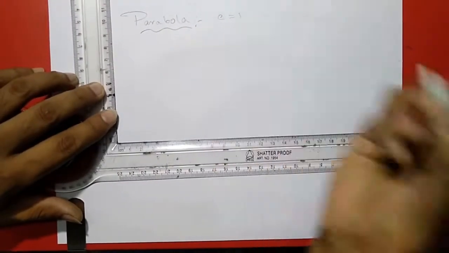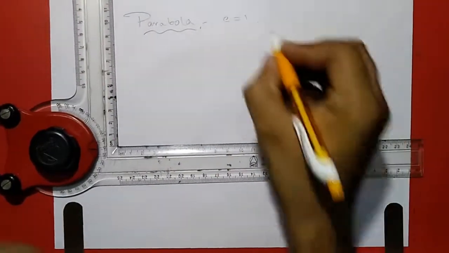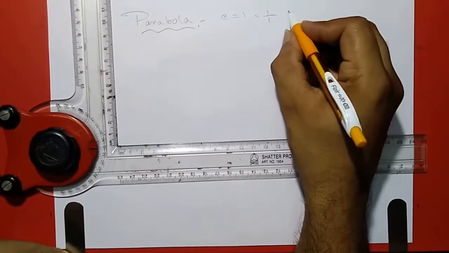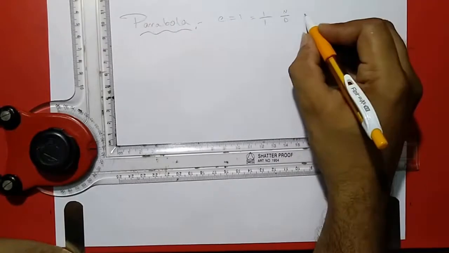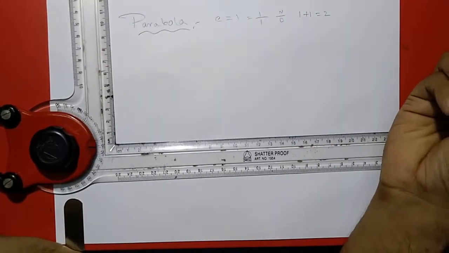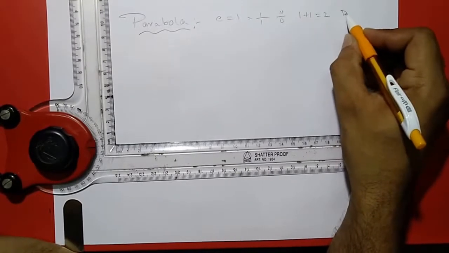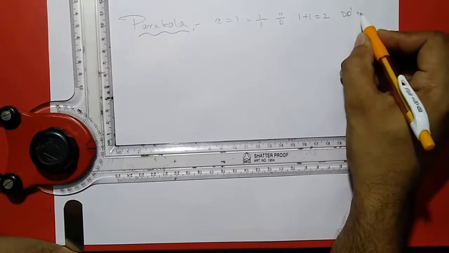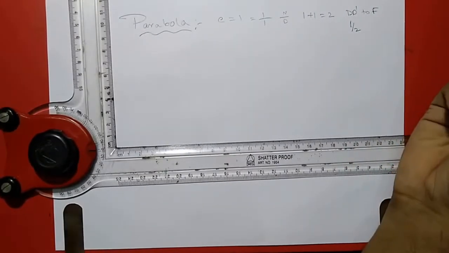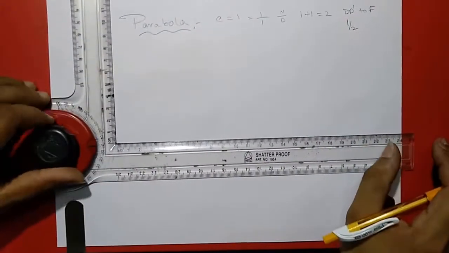Eccentricity equal to 1 means 1 by 1, numerator and denominator. If I add that, 1 plus 1 is 2. So the distance from directrix to focus, we have to divide into half, means 2 parts.